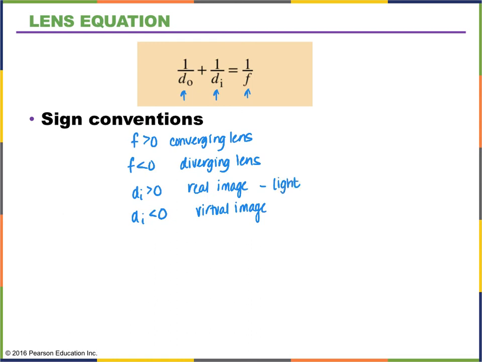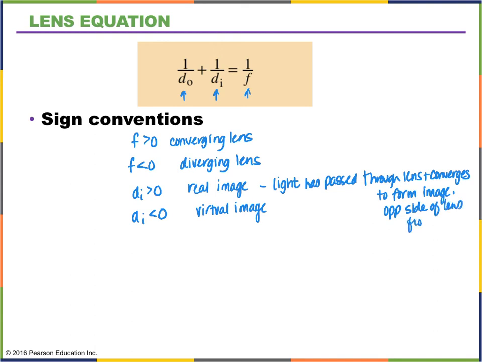Just to clarify what we mean by real and virtual, for a real image the light has passed through the lens and converges to form the image. It's on the opposite side of the lens from the object.